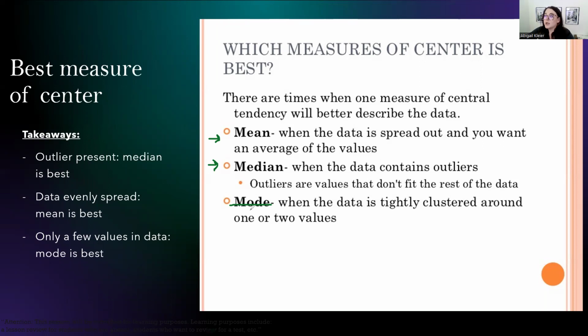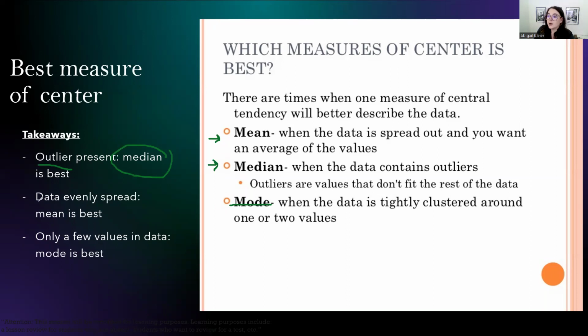So if an outlier is present, or skew is present in the graph, so again, a lack of balance, we're going to want to use the median. The median is that middle data number in a set. Using the median means that the outlier does not impact the data as much as it would if the mean is used.